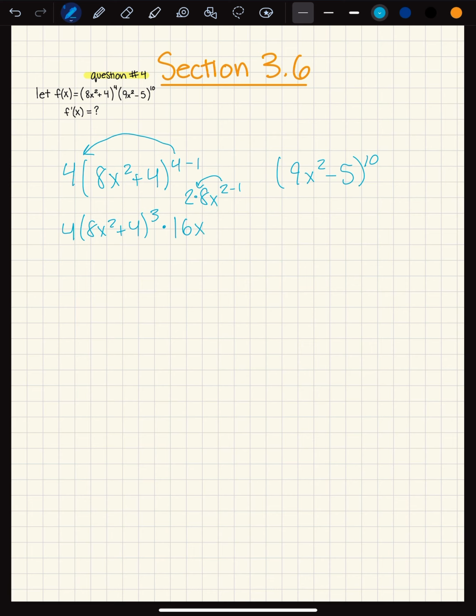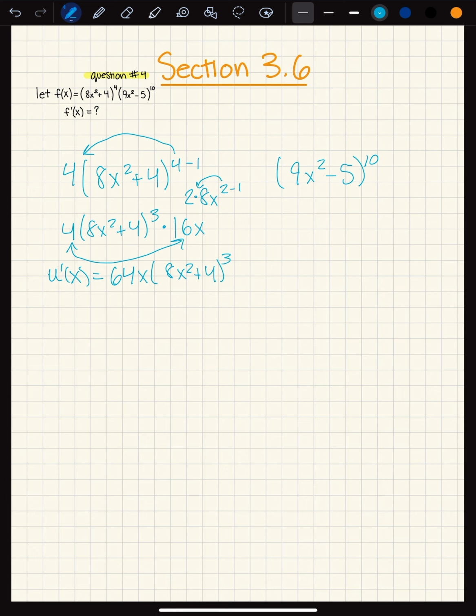So we can now multiply the constants. For our u prime of x, I'm going to use the u and v notation so we can plug it into the product formula so it's more clear. We have 64x times (8x squared plus 4) to the 3rd power.